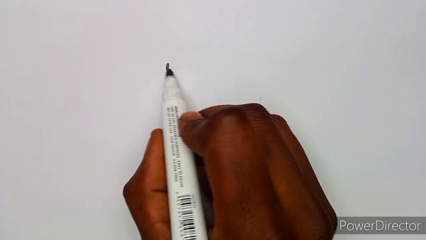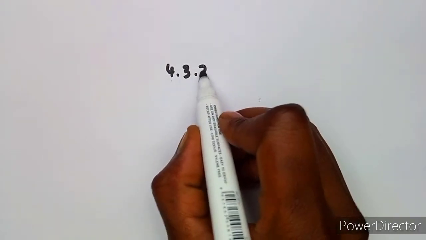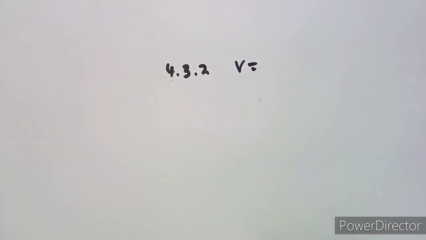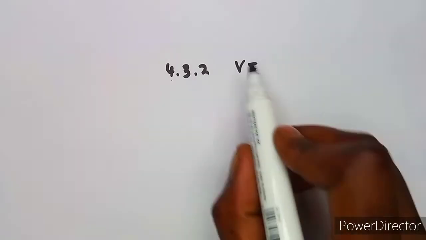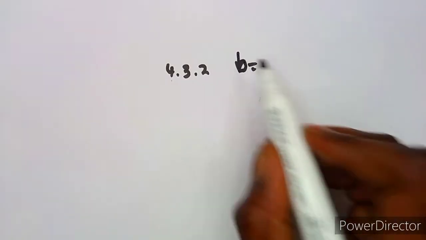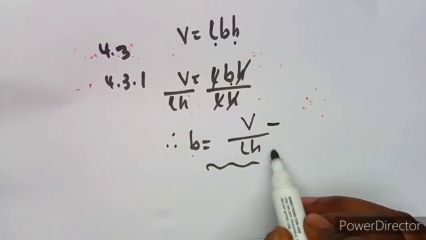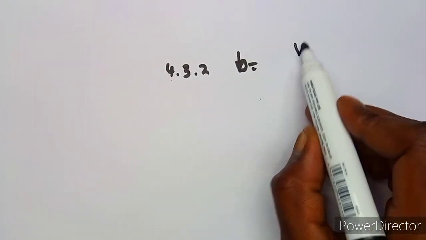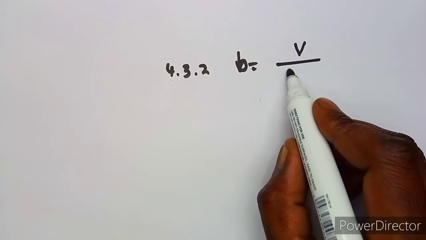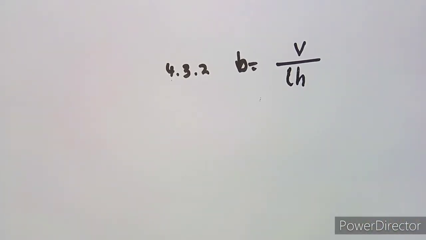This is 4.32. Okay, already our B is not our V, guys, no, our B is V over LH. This is already the formula for B, V over LH, like this.